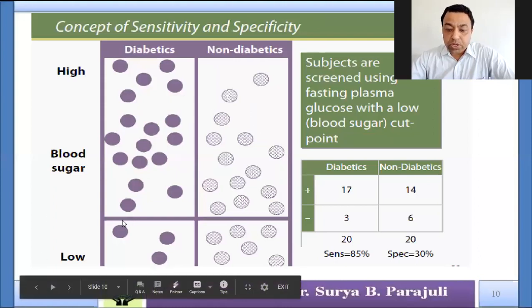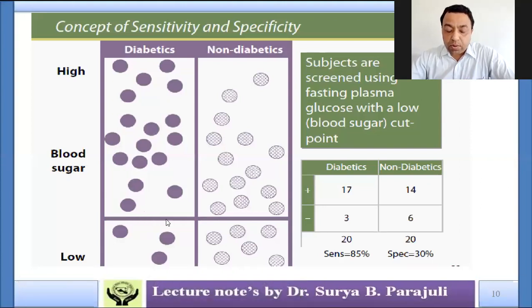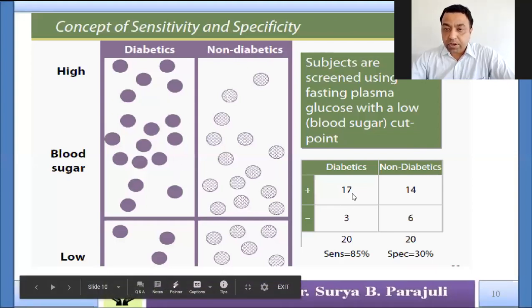if we use a low cutoff point, low blood sugar level, then those who belong above this cutoff point, we can consider them as having high blood sugar level. So from this figure, you can see 85% sensitivity and 30% specificity. So how will it change? See, we have 85% sensitivity and 30% specificity.